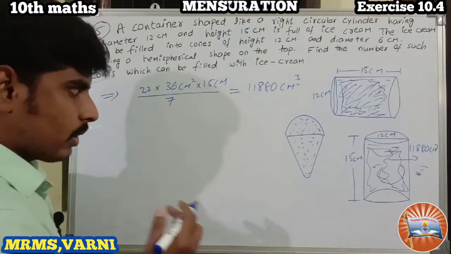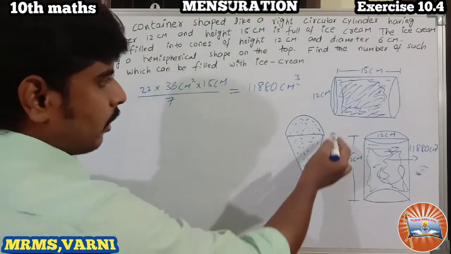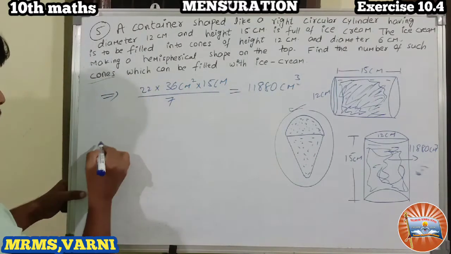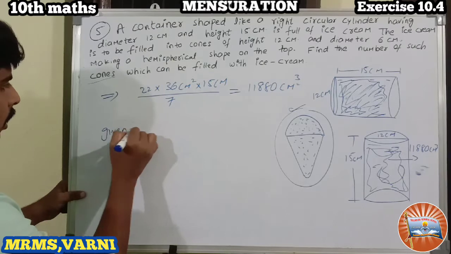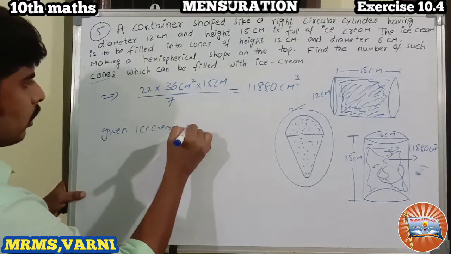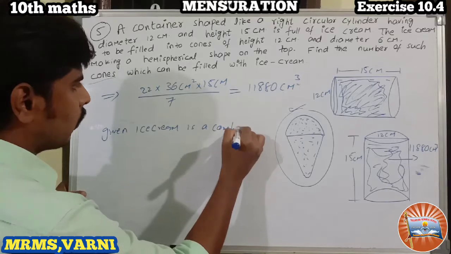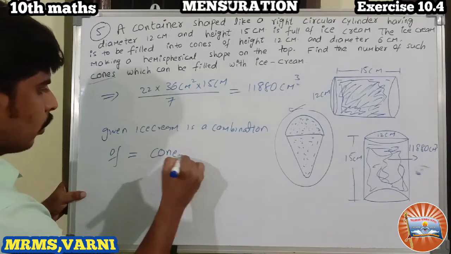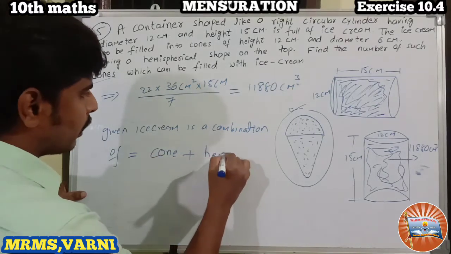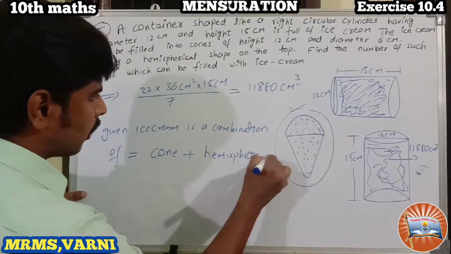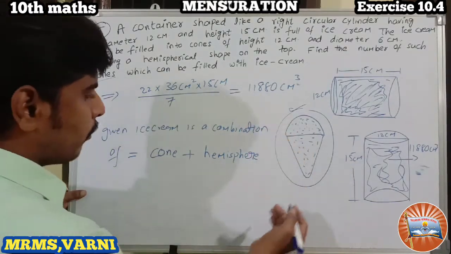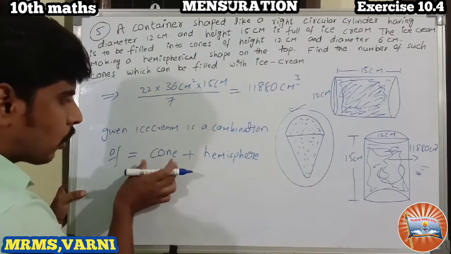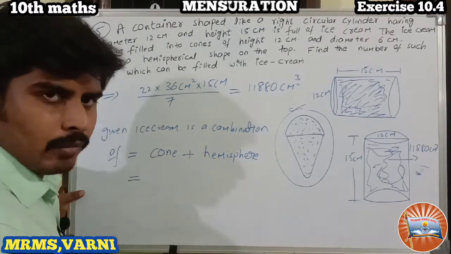So first of all, find one cone's volume. Here, the ice cream cone is a combination of cone plus hemisphere. How much quantity of ice cream is filled in that cone? That is the volume of the cone plus the volume of the hemisphere.